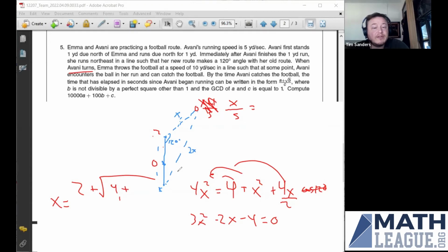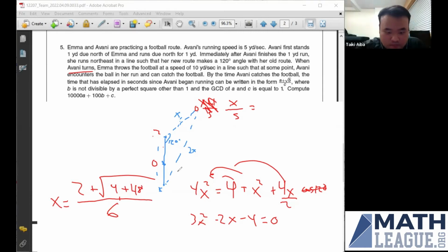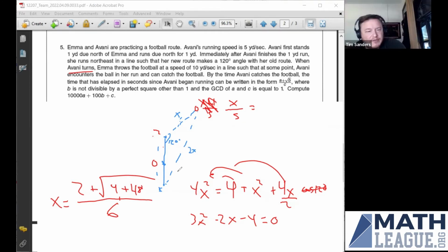That's going to be plus. Do I get 48 here? Does that look right? Yes. So root 52 is 2 root 13. Great, a lot of it simplifies. We end up with 1 plus root 13 over 3.